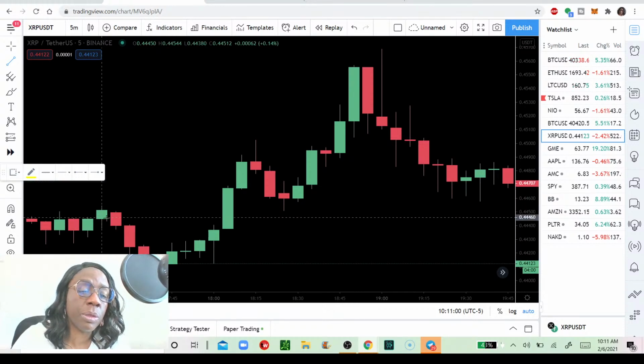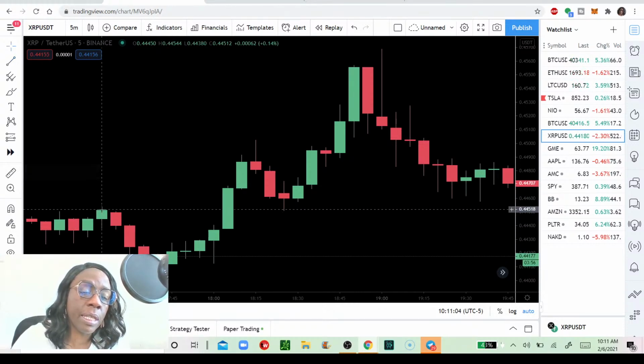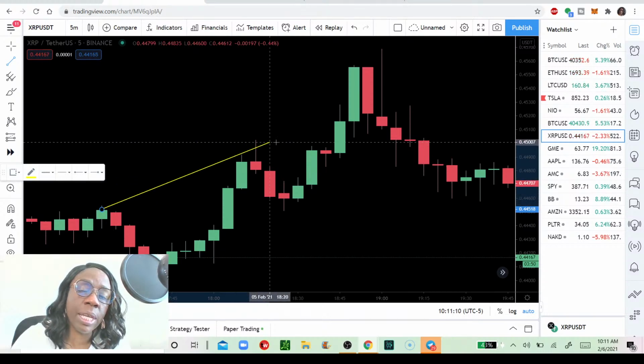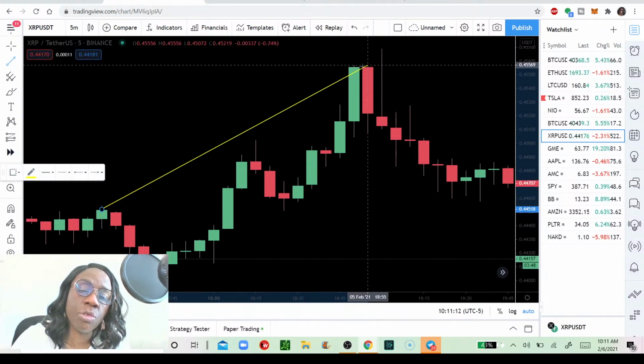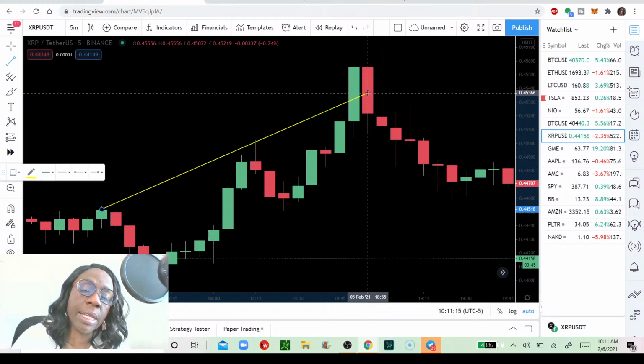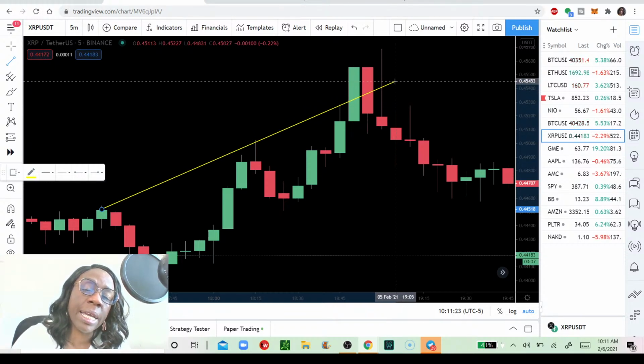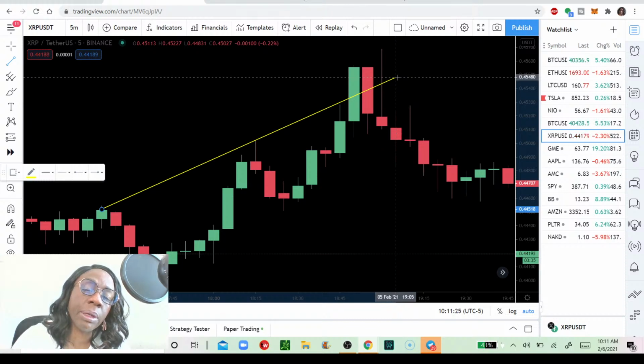No, so what I would do is actually I'll take it from the top of this wick. Let's do that. Let's go back, select the trend line from the top of this wick, and then we're going to drag it such that it's hitting as much of the top of this wick as we possibly can. So we're hitting as many swing highs as we possibly can. There we go.